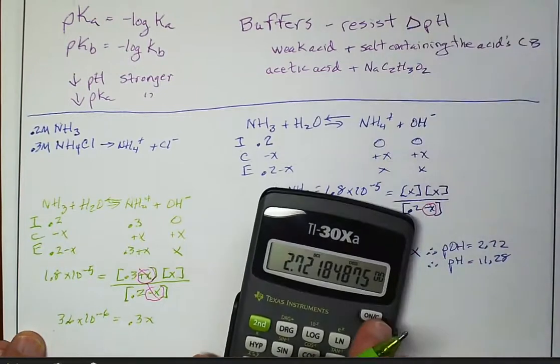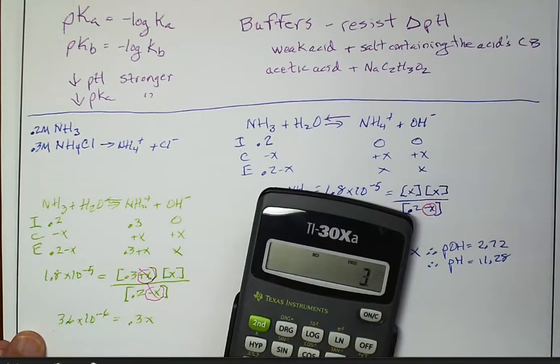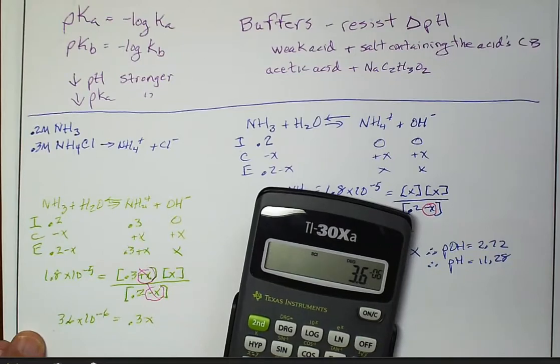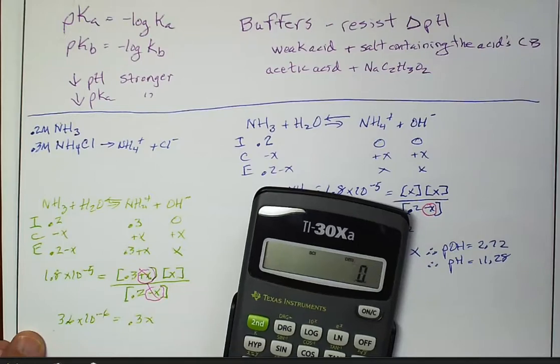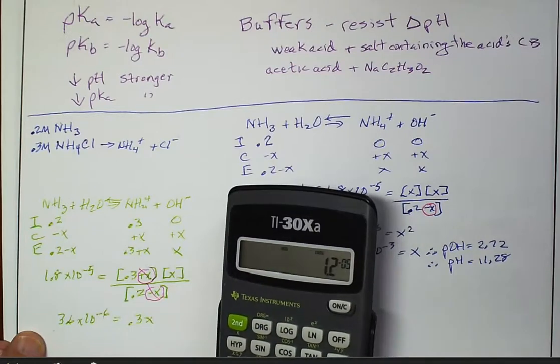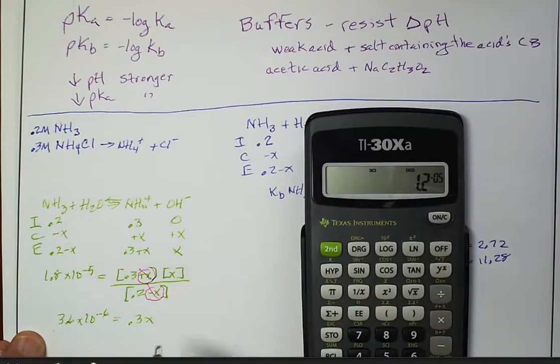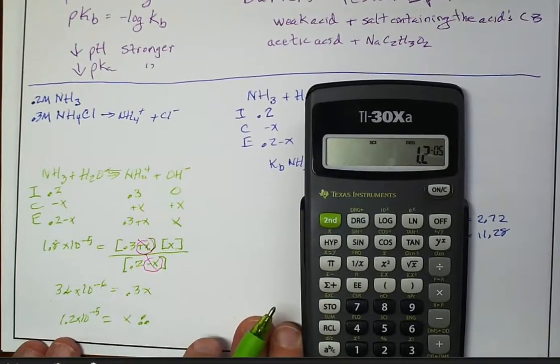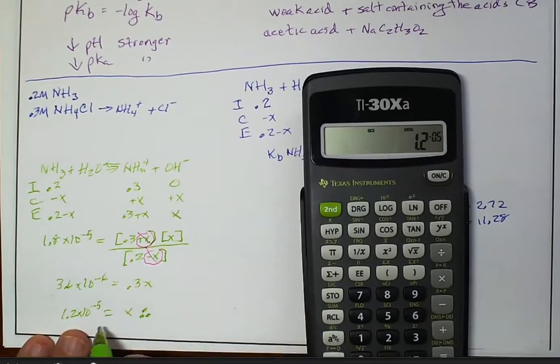And that means that x is going to equal 3.6 times 10 to the minus 6 divided by 0.3, 1.2 times 10 to the negative 5th. Which in turn means, people ask sometimes, this symbol of 3 dots means therefore or so.